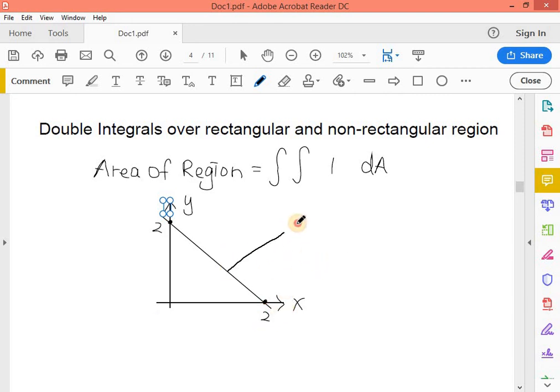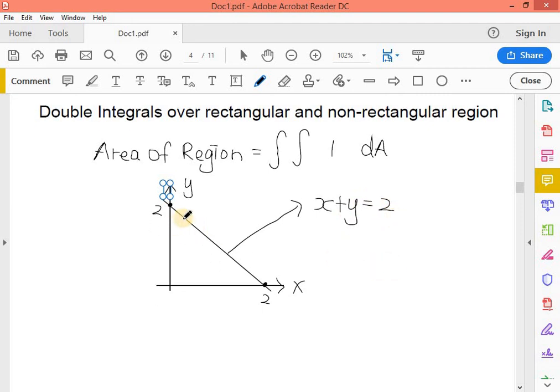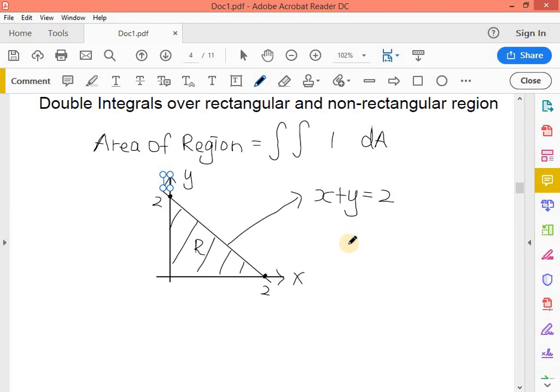And I give you the equation of this line to be x plus y equals to 2. Now you have a region. This will be your region. We have to use the double integrals to find the area of this region. You clear your task?